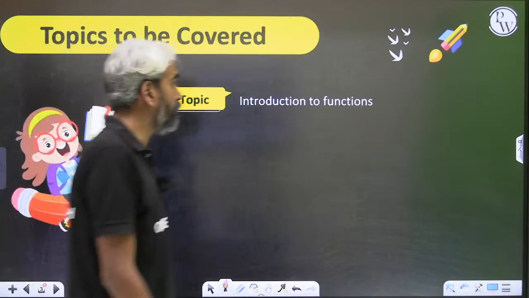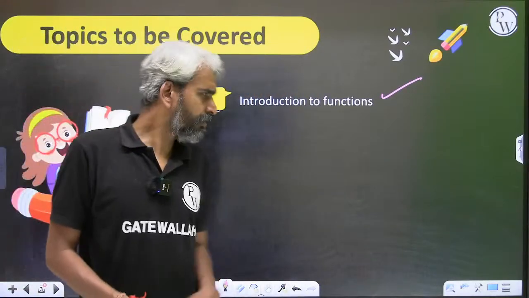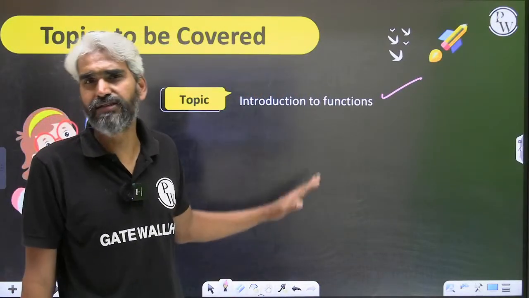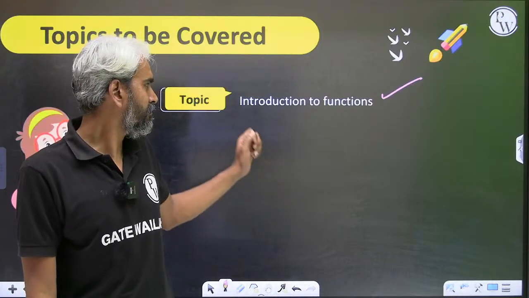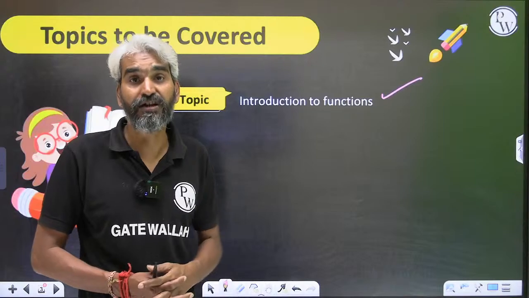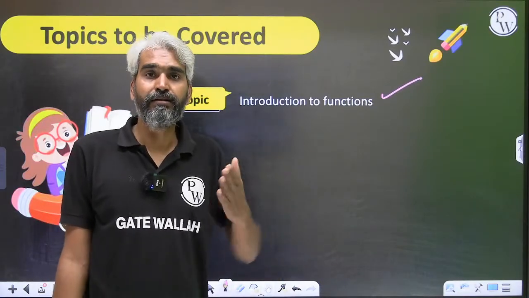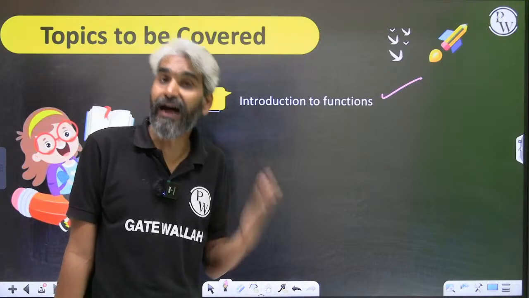Today we are going to introduce the concept of functions. So please try to understand. It will take 2 lectures. In today's session we will understand the basic definitions of functions and different types of functions, and tomorrow we'll try to understand the type of questions which can be asked in the GATE exam.